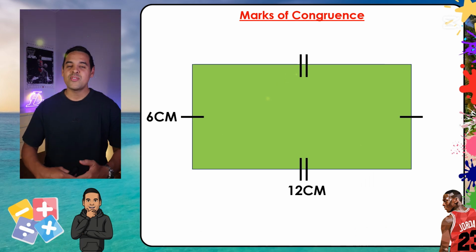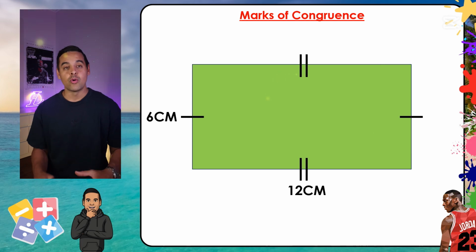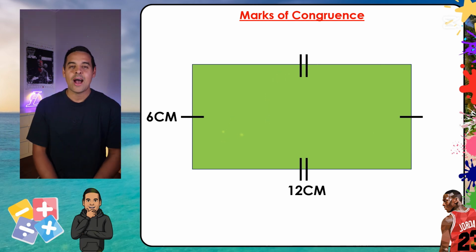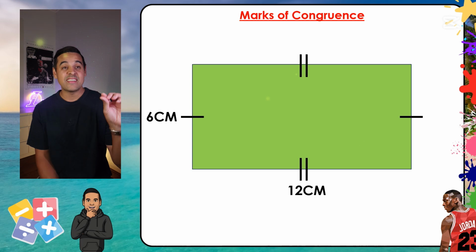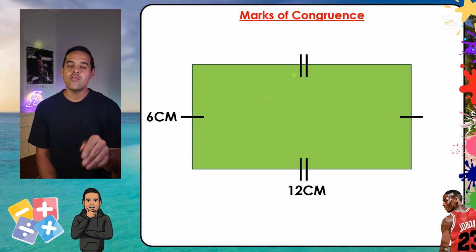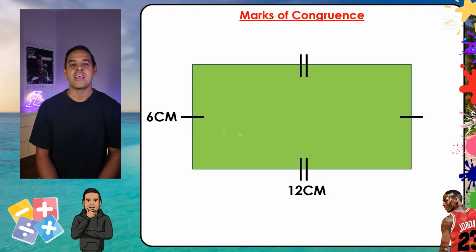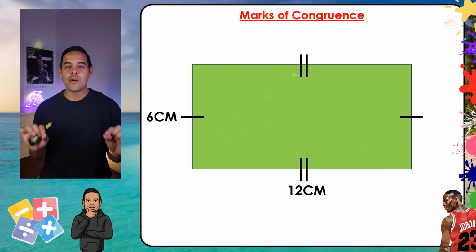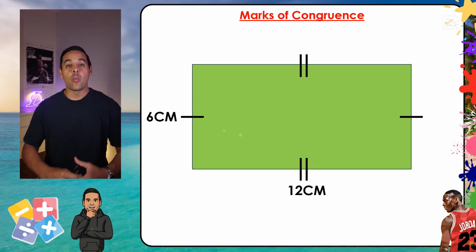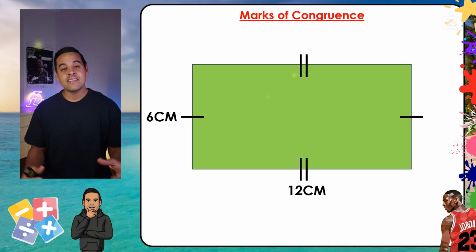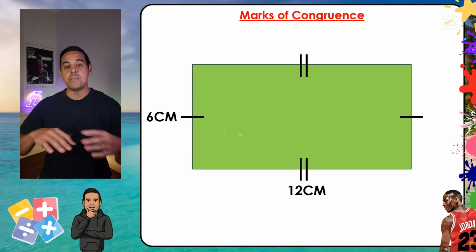Now, I'm going to give you the next level in understanding of marks of congruence. As you can see here in our rectangle, we have a 6 with 1 mark of congruence and a 12 with 2 little marks of congruence. Like I said, they are a symbol for what the value of that particular edge is going to be.